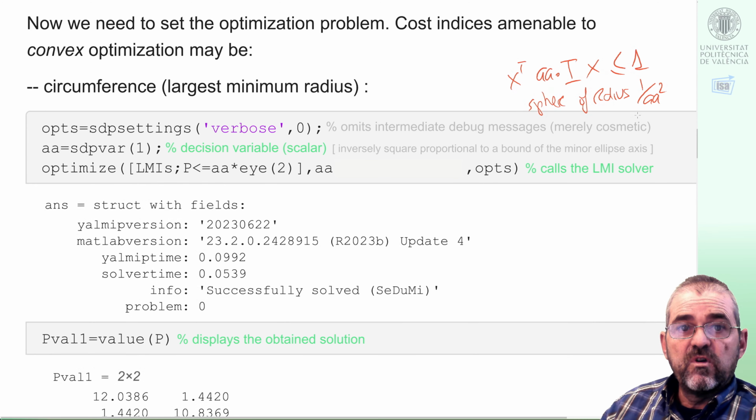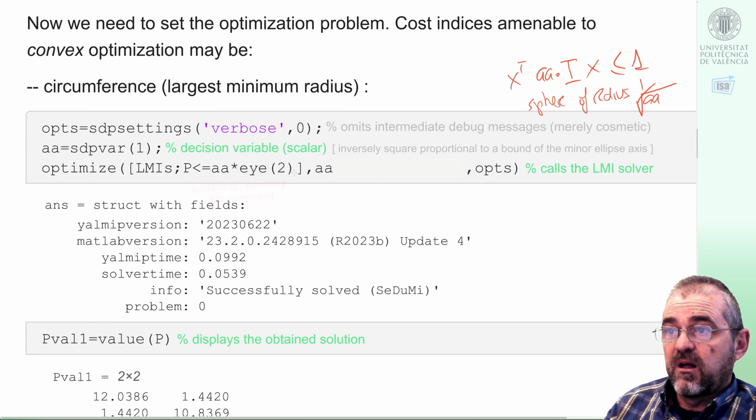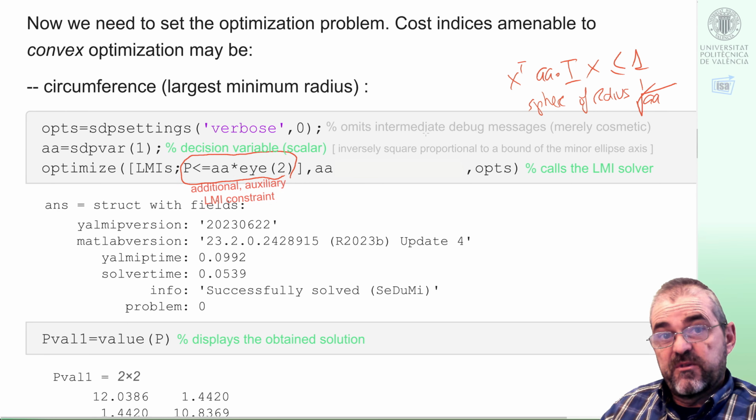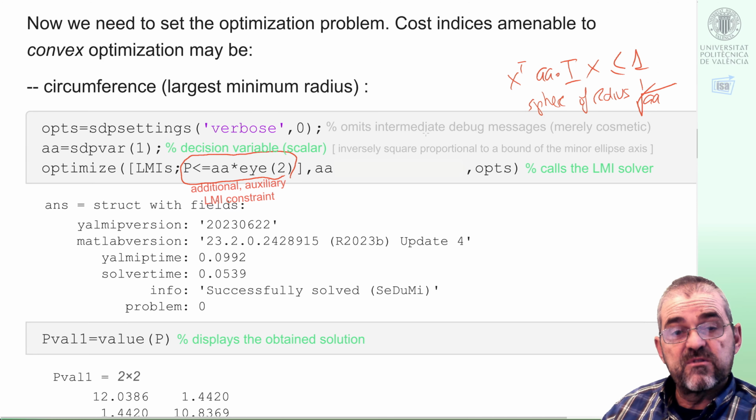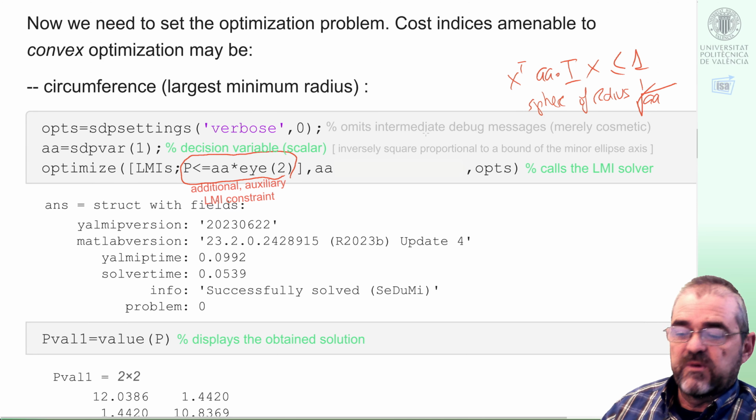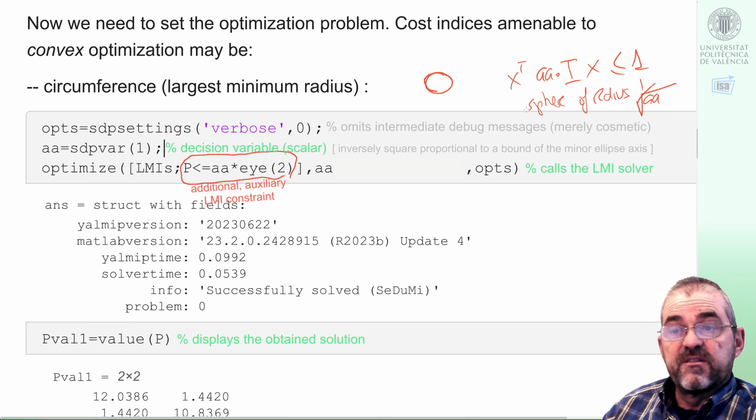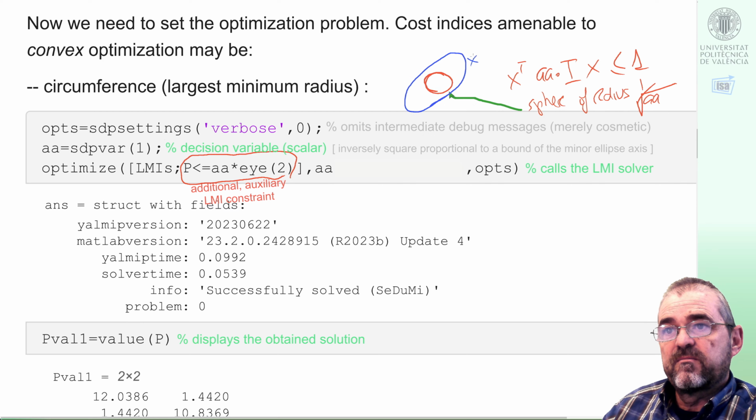So, for instance, one of the things we may optimize is saying that as this thing is the sphere of radius 1 over square root of this AA variable, then my ellipsoid being outside that circumference means that P must be smaller than AA times identity. So this is the circumference in this 2D case I am referring to, and I wish that the ellipsoid I'm searching for is outside that circumference.